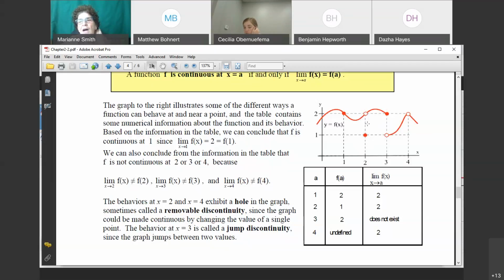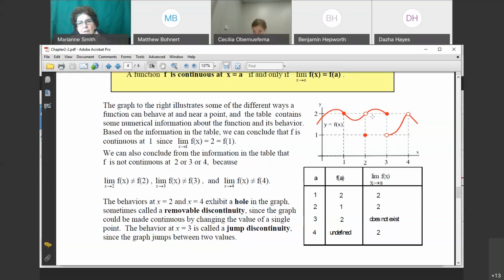Other types of discontinuities, like this one: you can see as I approach x equals 3 from the left, I'm approaching the y value 2. As I approach x equals 3 from the right, I'm approaching the y value 1. This is called a jump discontinuity or a non-removable discontinuity.